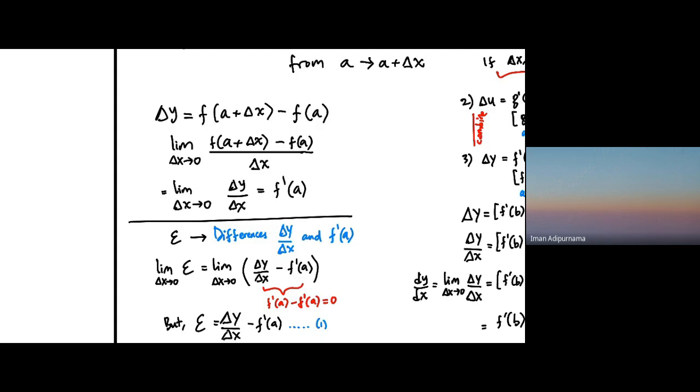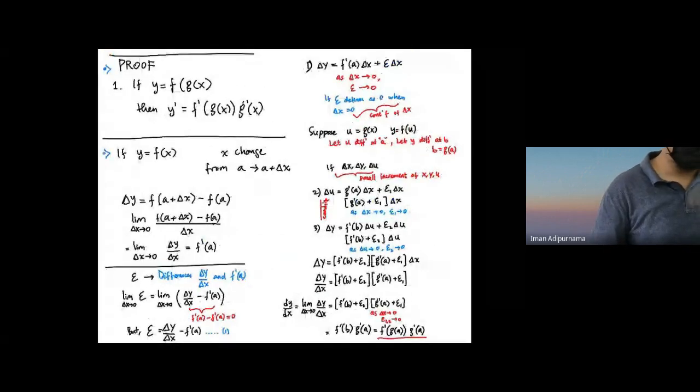It's the small difference between this delta and the actual f prime. And actually, if you look at the equations, the delta and f prime will cancel each other. But here we are going to have our real epsilon, and then put inside the chain rule here.